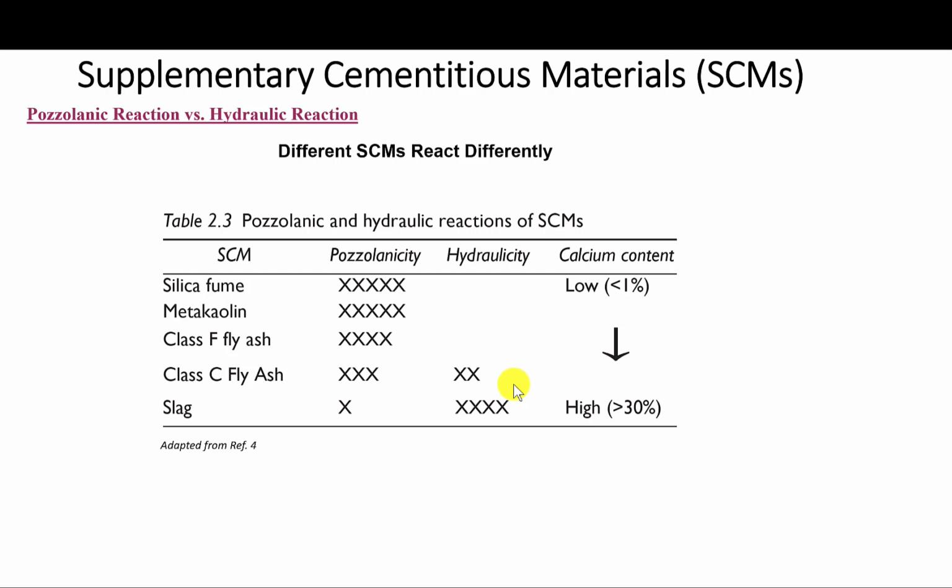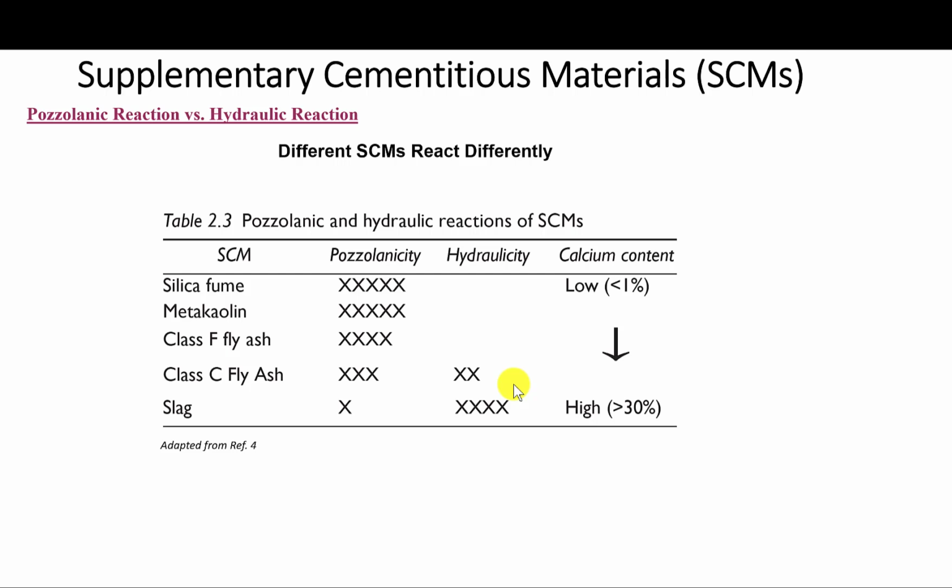More about the pozzolanic versus hydraulic reaction. This table shows the different SCMs and how they react, whether they have pozzolanic reactivity or hydraulic reactivity. Hydraulic meaning they have cementitious capability on their own.